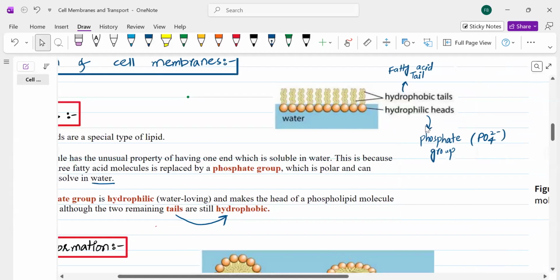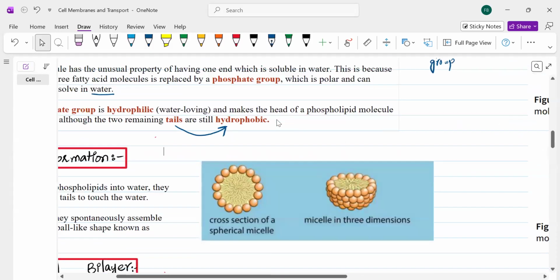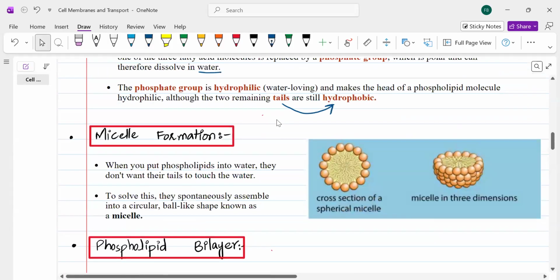Now this is the configuration of the phospholipid. You see, they have mentioned in this diagram that there is water. So the interaction with water will be from the hydrophilic part, and the hydrophobic part will be in the center. Now there is a concept of micelle formation. What is micelle formation? Whenever you put a phospholipid in water, what will happen? They don't want their tails to touch the water. Why?